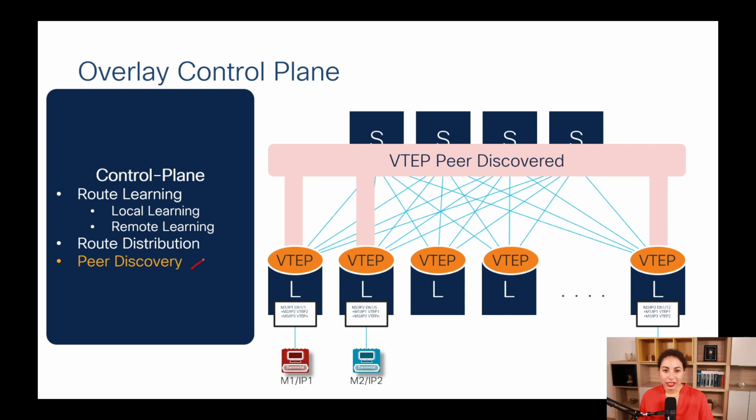And now we have the last important role of the overlay control plane, which is the peer discovery. The reason why we need the peer discovery is quite complex to explain, and it is related mainly to the forwarding of the BUM traffic. I would like to go first to the next slides. I know it might sound weird, but in the next slide we will speak about the data plane, and we will start covering, just scratching the surface, because again it's very complex, the forwarding of the BUM: how do we forward it, how do we encapsulate it, and how do we send it across the fabric.